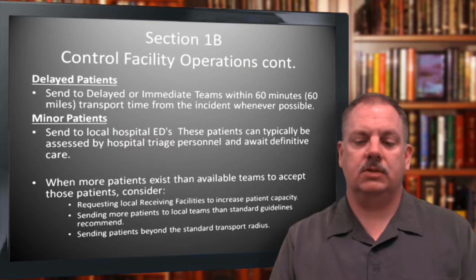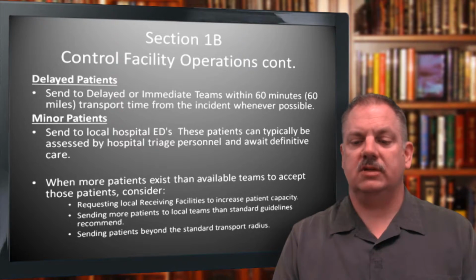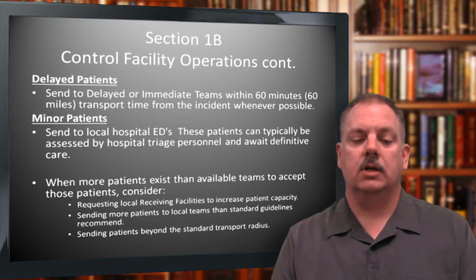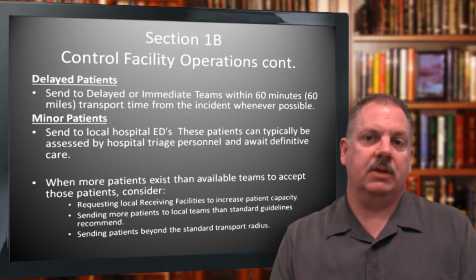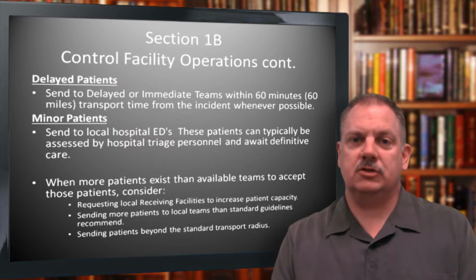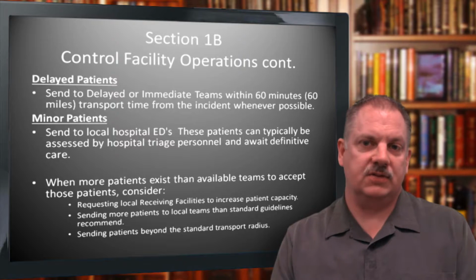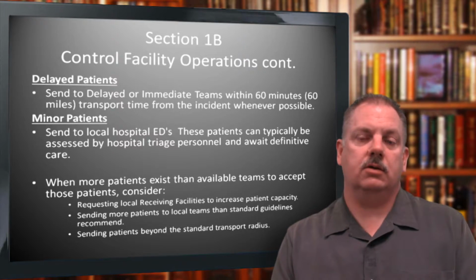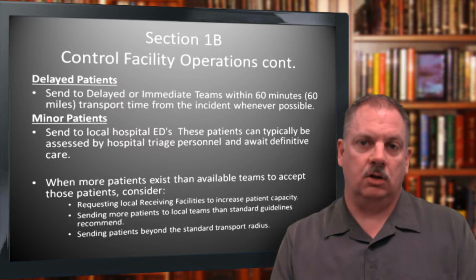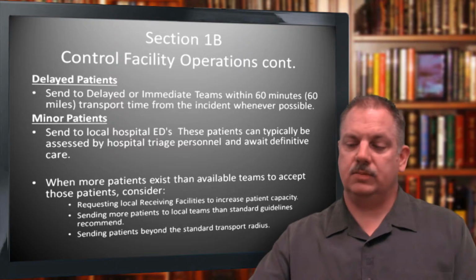When it talks about talking to receiving facilities about increasing their patient capabilities or sending more than local standard guidelines recommend, that may just need to happen. For immediate patients, you're supposed to have a surgeon and an ER physician and a nurse for one immediate patient. You may need to alter those standards to be able to take care of those patients.